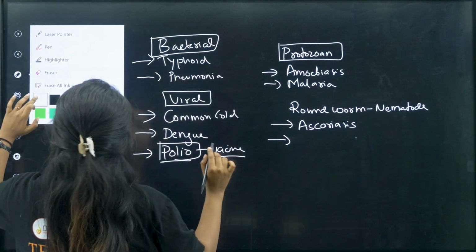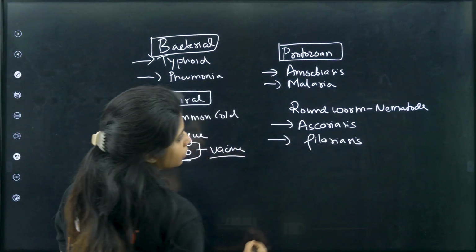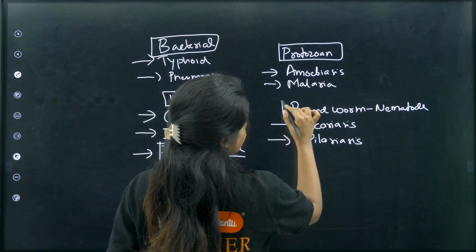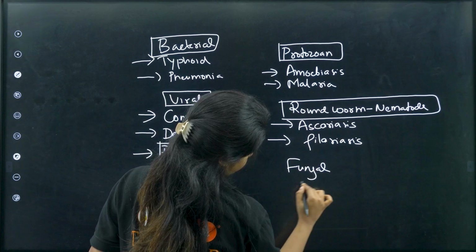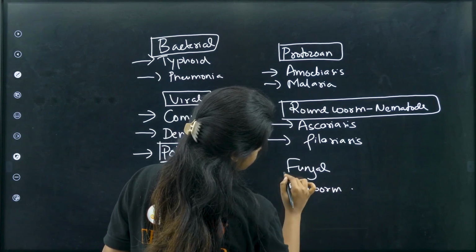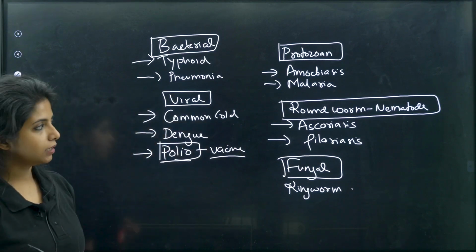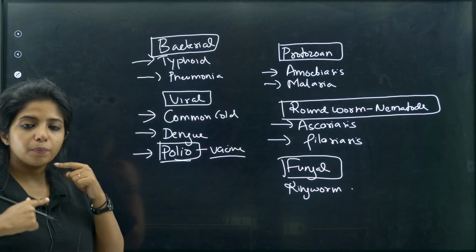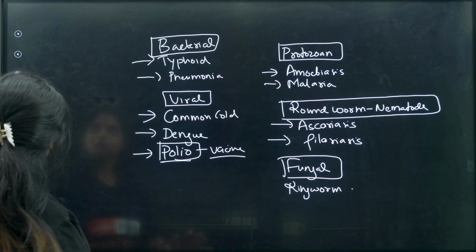The disease is filariasis. Cool. And then you have a fungal disease also. That is ringworm disease. I hope you got it. One by one, slowly try to repeat the names and try to learn. It will be easy. I'm telling you, you can trust me on this.